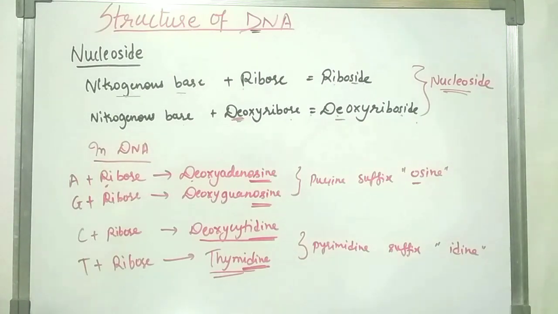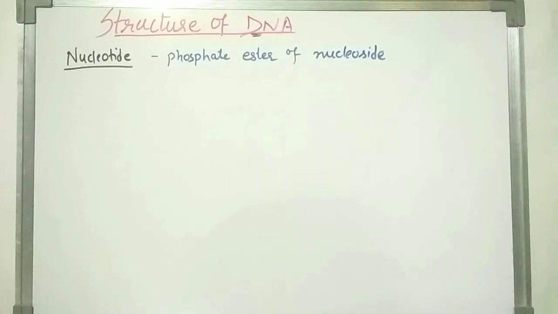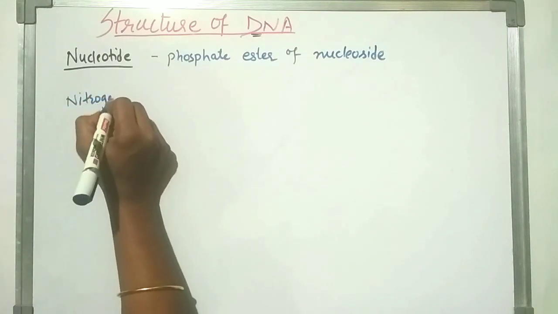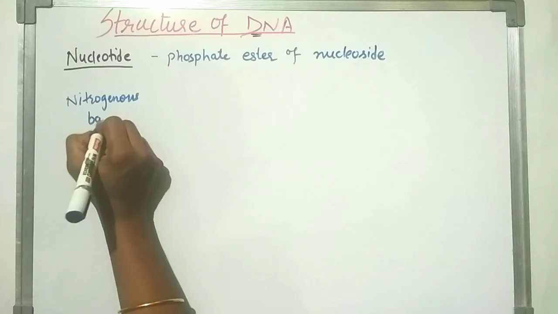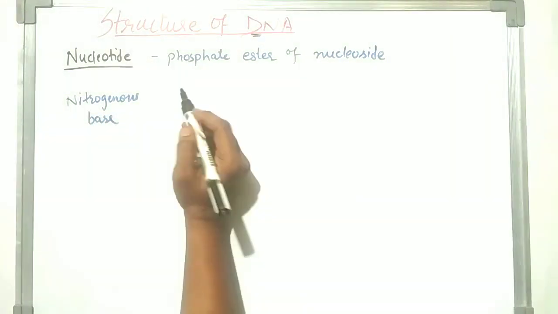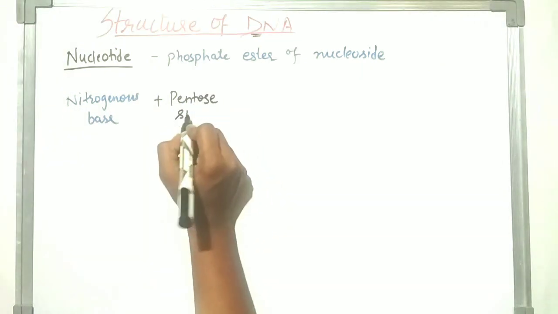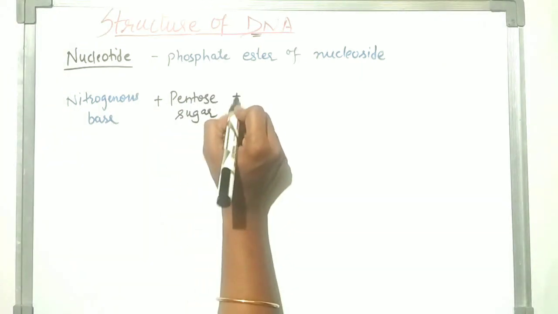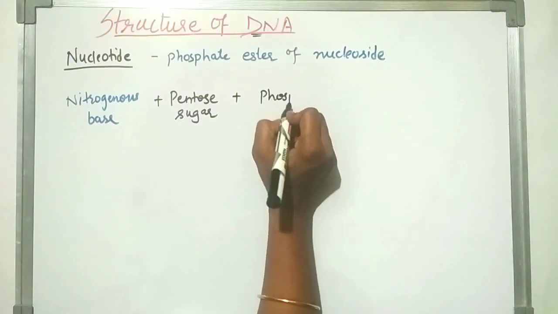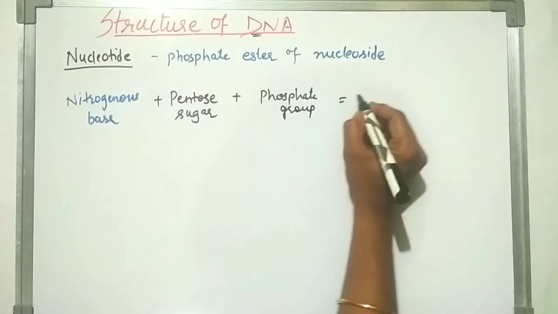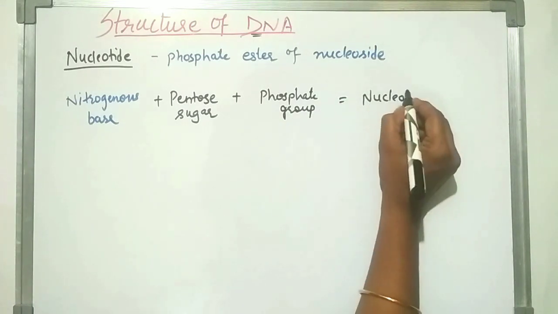Now we will see the nucleotide. What is a nucleotide? It's a phosphate ester of a nucleoside. So a nitrogenous base plus pentose sugar plus phosphate is called a nucleotide.